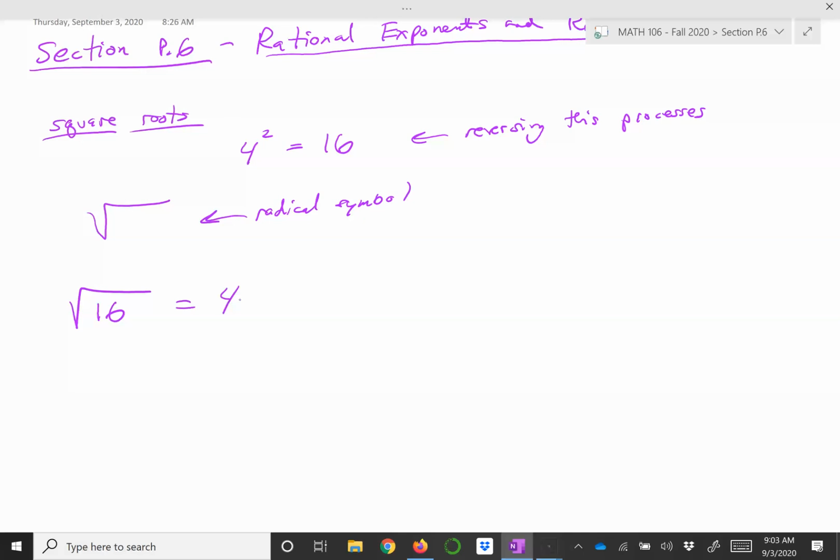No. What would be the other solution? Yeah, so this 4 is really minus 4, right? You get 2 solutions when you take a radical. But now we call 4 the principal root. So the positive one is the principal root.